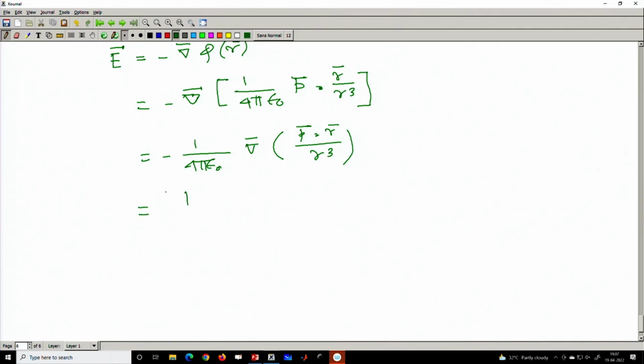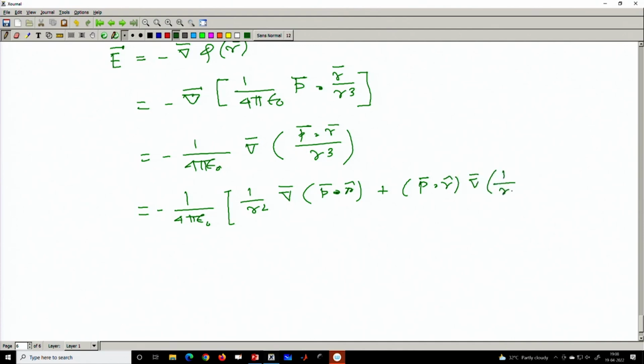It is minus 1 by 4 pi epsilon naught, and it is a vector product, so I can expand it as 1 divided by R square and then the gradient of P dot unit vector R, plus P dot unit vector R and the gradient of 1 by R square.